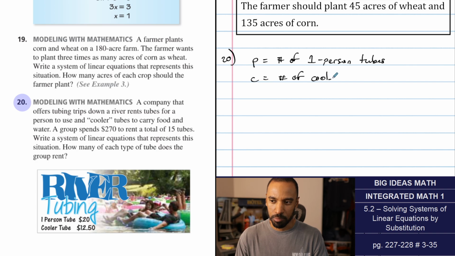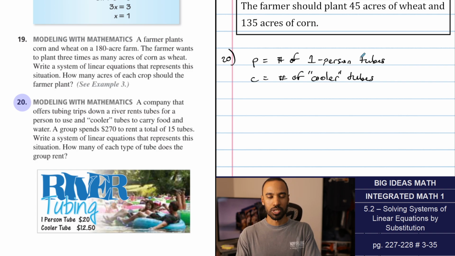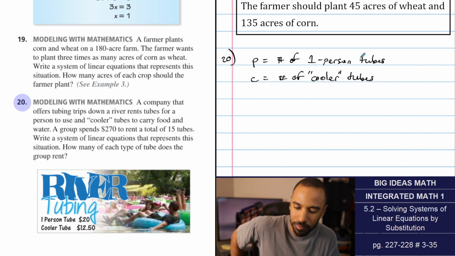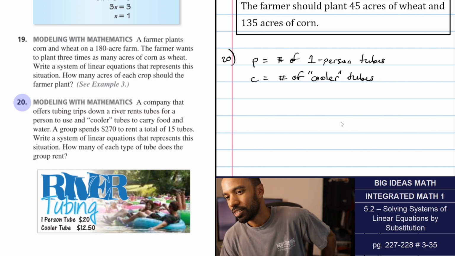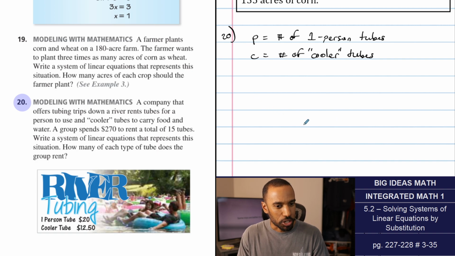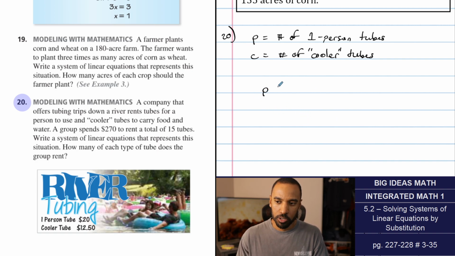I was trying to determine based on the picture. Okay, so what's the information here? 15 tubes total. The number of one-person tubes plus cooler tubes in total is 15.